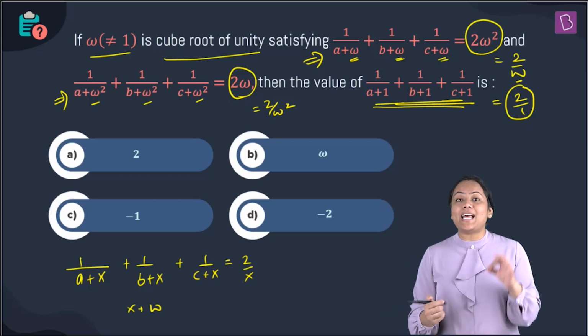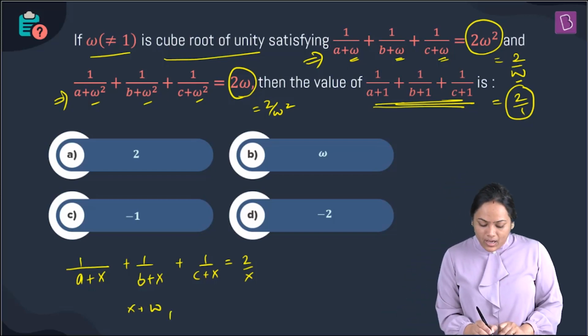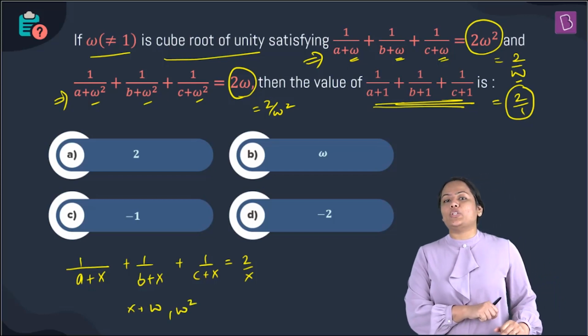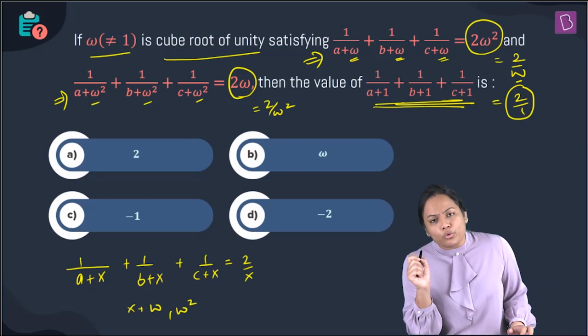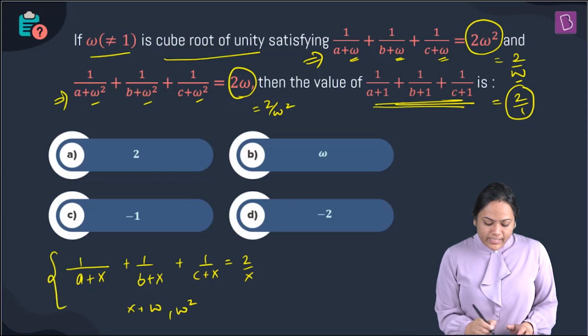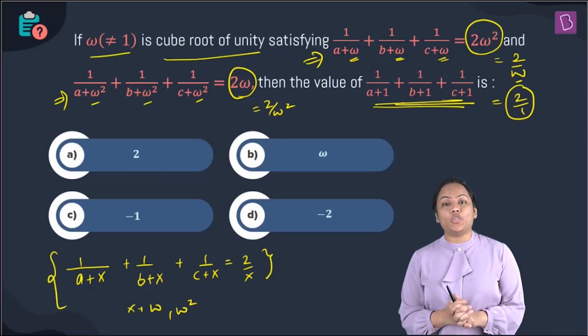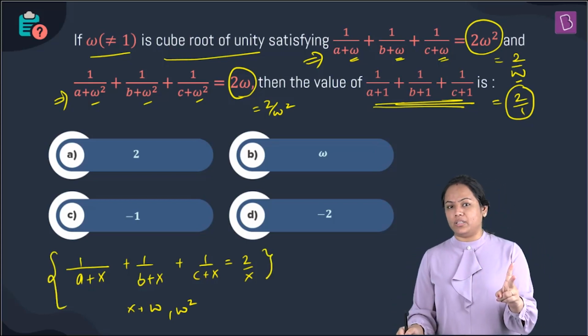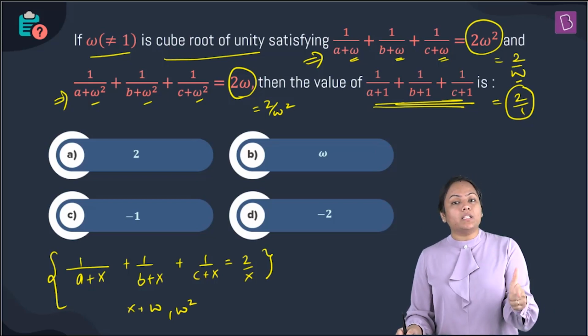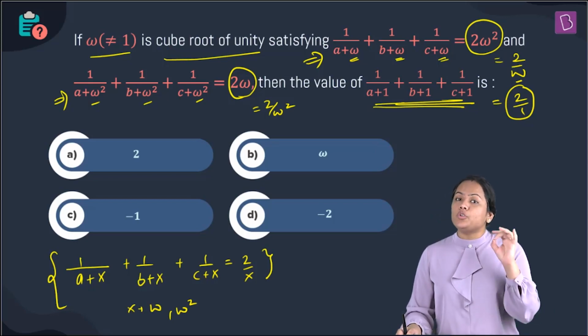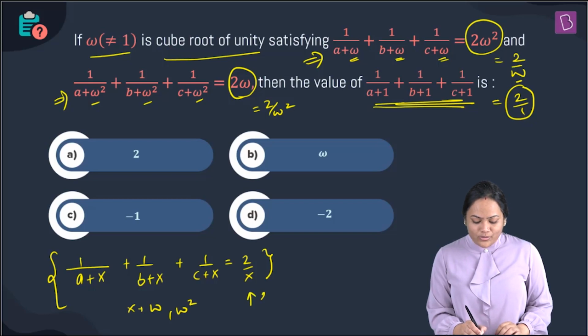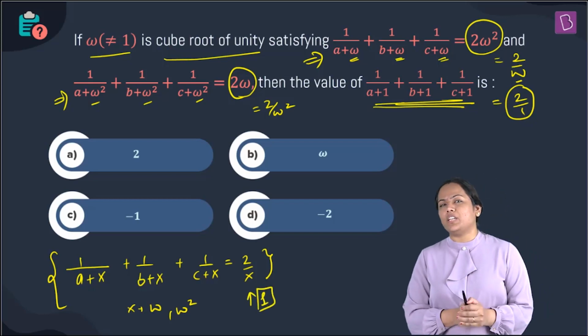Similarly, when I put x as omega square, I'm going to get the second relation. So what I have to prove, if I consider this as an equation, is that I already have two roots for this. One is omega, another is omega square. I have to just prove that one also is a root for this equation.